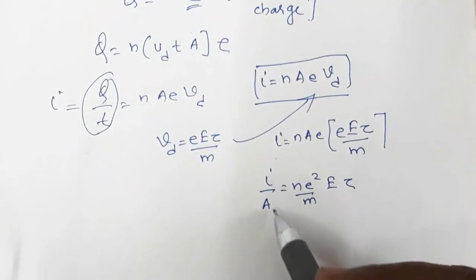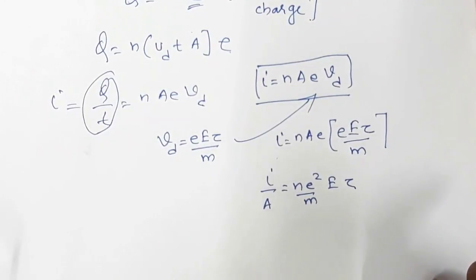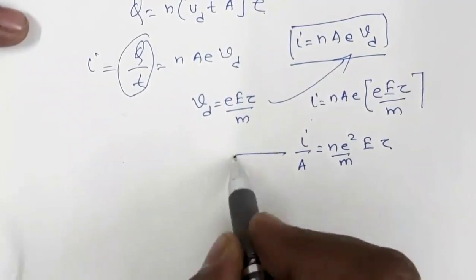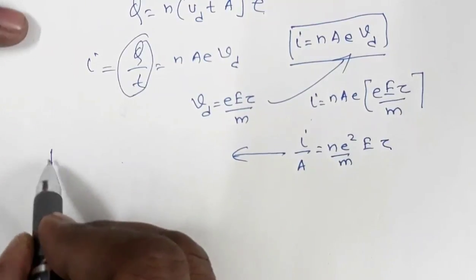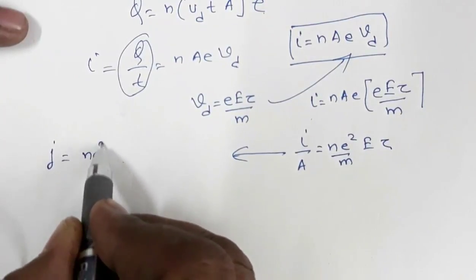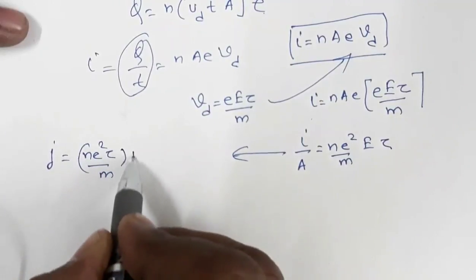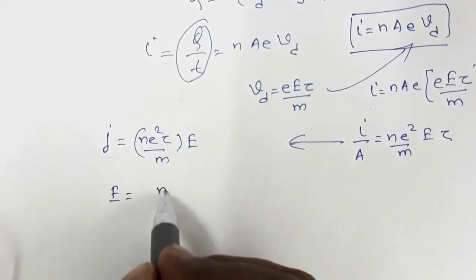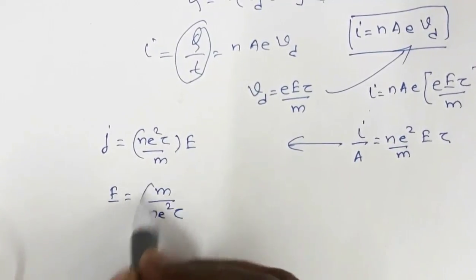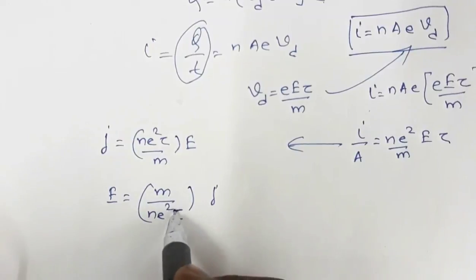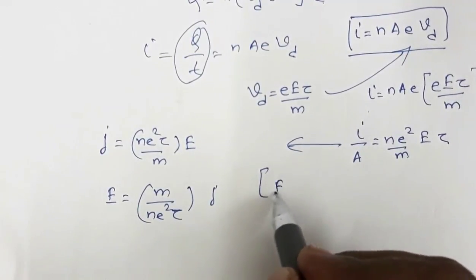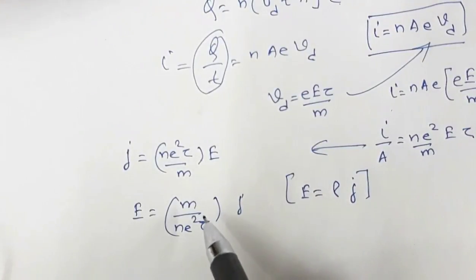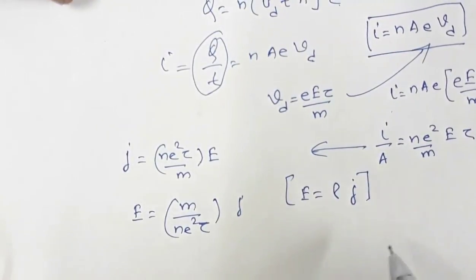Now what is I by A? I by A is current density. So I by A is J, so J is equal to N e square tau by m into E, or I can write E is equal to m by N e square tau into J. Now in Ohm's law, we had E equal to rho J. So that means this quantity m by N e square tau represents rho, resistivity.